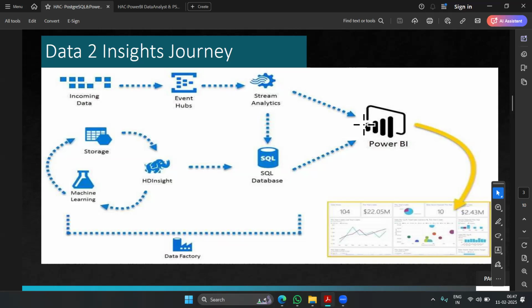Our job as a Power BI data analyst is to make sure this entire data is in a nice visualization form. That is what we are going to learn as part of our Power BI and PostgreSQL journey. That is the bigger picture: you have a lot of data, and Power BI simplifies it into visualizations.